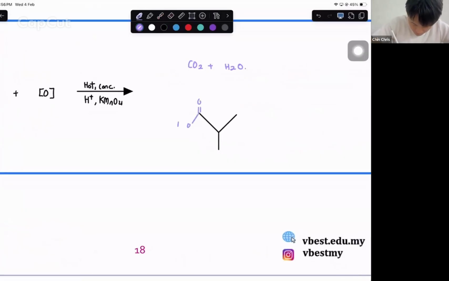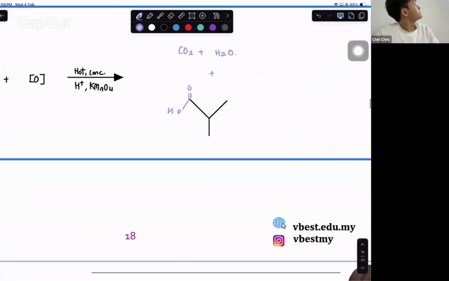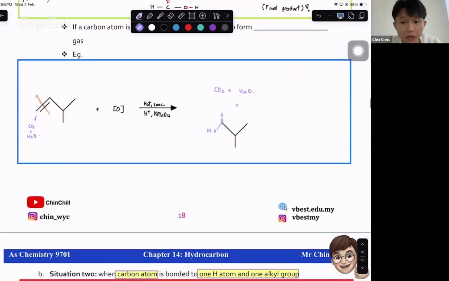Done. Clear? Know how to draw the product or not? This is one of the hardest reactions. I'll give you more examples later on.